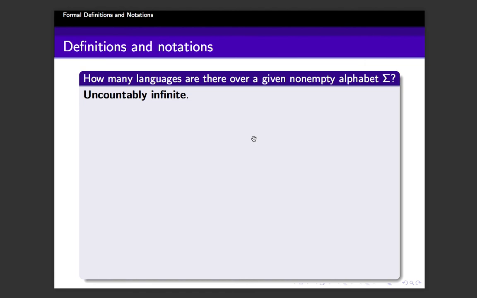That means the set of all languages over a non-empty alphabet set sigma is uncountably infinite, meaning no one can tell what is the first language, what is the second language, what is the third language, etc. Or in other words, the set of all languages cannot be listed in any order.